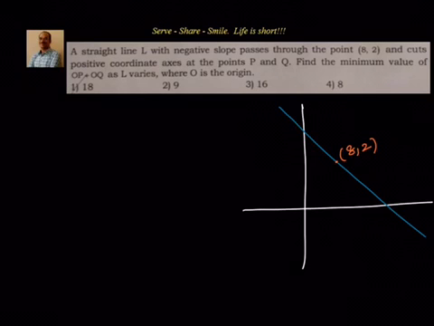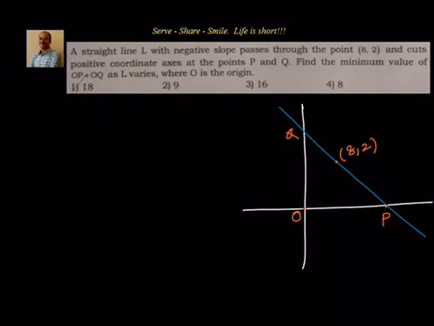How to know a negative slope line? Climbing down is a negative slope, climbing up is a positive slope. It passes through (8, 2) and cuts the positive coordinate axes at P and Q. So let us say this is P, this is Q, and this is O.